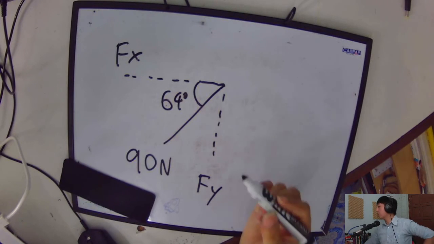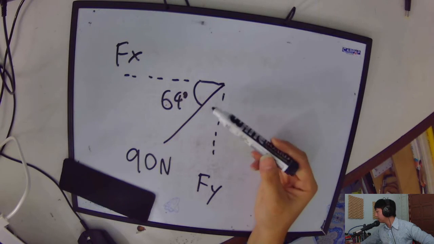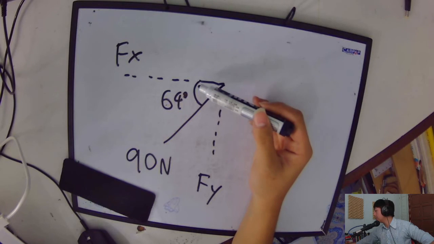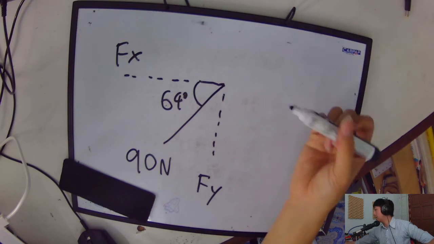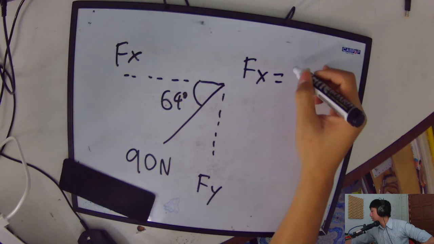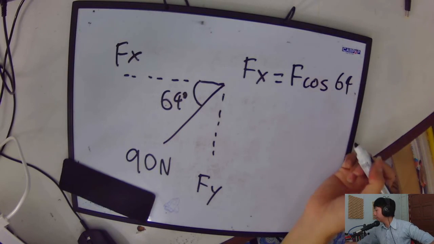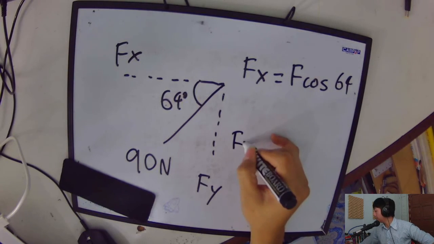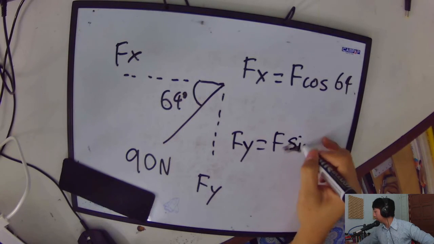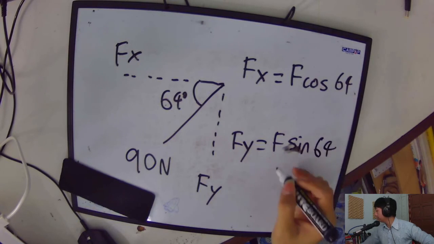So if we look at the question, same formula still applies. Yes, because we'd still be using sin, we'd still be using cos, adjacent over hypotenuse. So same formula, Fx equals F cos 64, and Fy we're still using F sin 64.